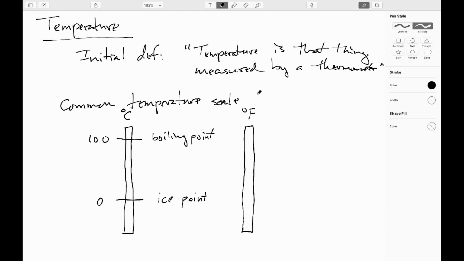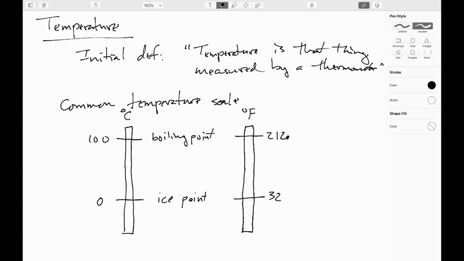Well, fortunately, people who are fans of his scale realized that in the original conception of his scale, water froze at almost exactly 32, and water boiled at almost exactly 212.